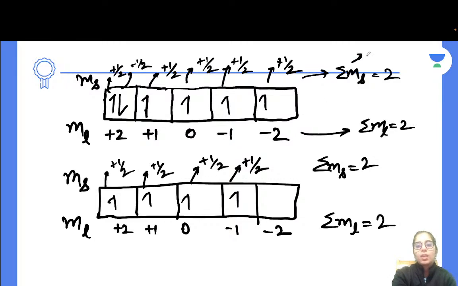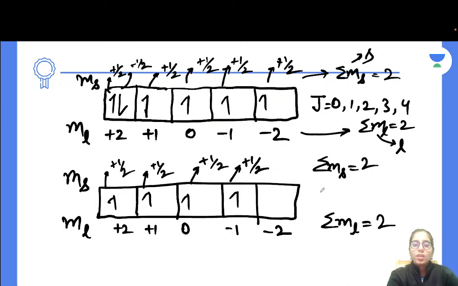You will treat it as S, you will treat it as L. So J is equal to L minus S to L plus S, which is 2 minus 2 to 2 plus 2, which is 0, 1, 2, 3, 4. Same way here, J is equal to L minus S to L plus S, which is 0, 1, 2, 3, 4.